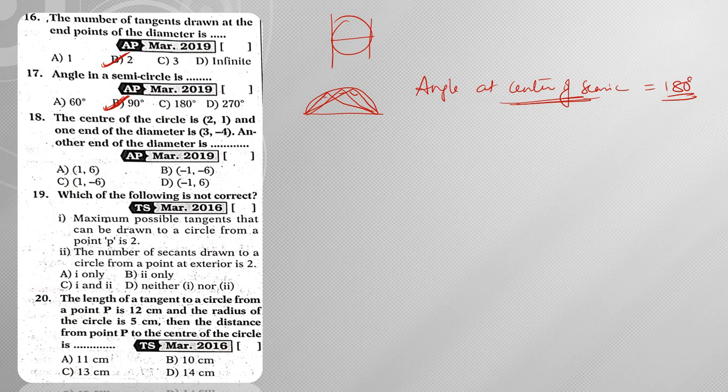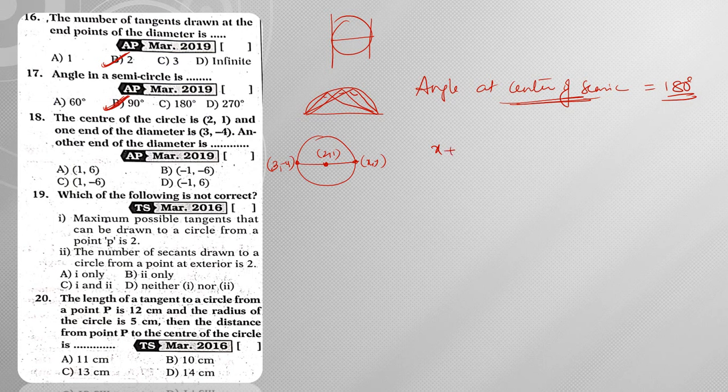Next, the center of the circle is (2, 1) and one end of the diameter is (3, -4), then the other end of the diameter? So when I consider this circle, this is one endpoint of the diameter and this is the other one, and the midpoint is nothing but the center. The center is given as (2, 1) and one end of the diameter is (3, -4). Then let us consider the other end as (x, y).